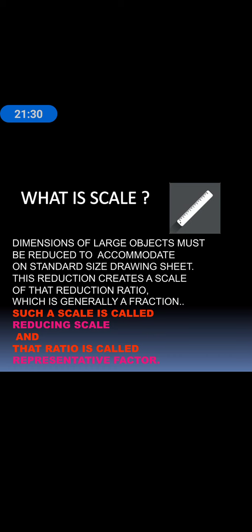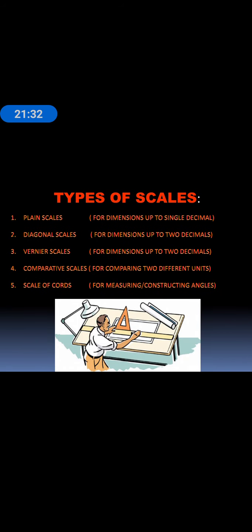There are five types of different scales. The first one is plain scale, diagonal scale, vernier scale, comparative scale, or the scale of chords. And another type is the isometric scale.